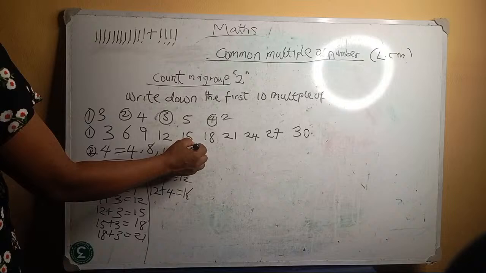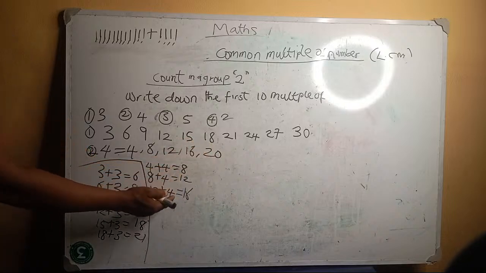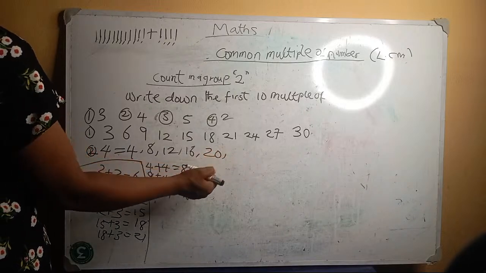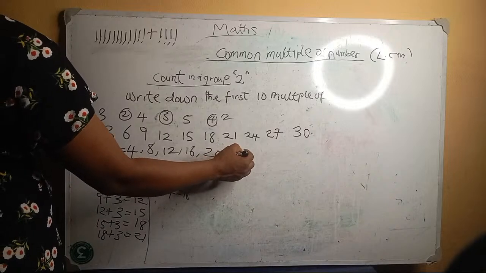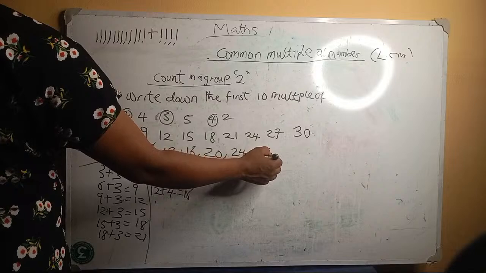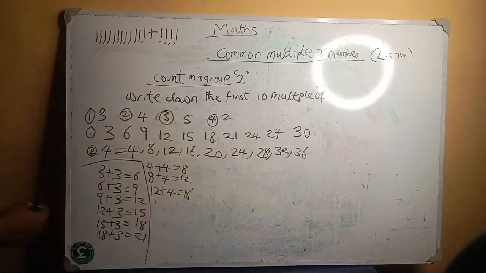So this one is 16. The next one will be 20. Just keep doing it the way you are seeing it on the board. After 20 is 24. After 24, 28, then 32, then 36, and so on.